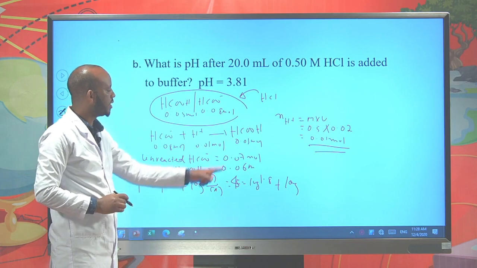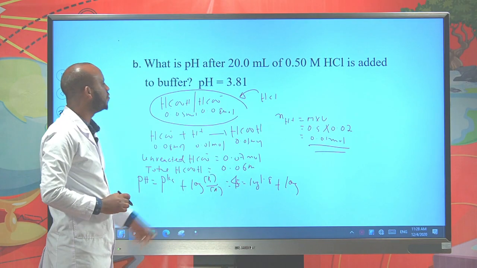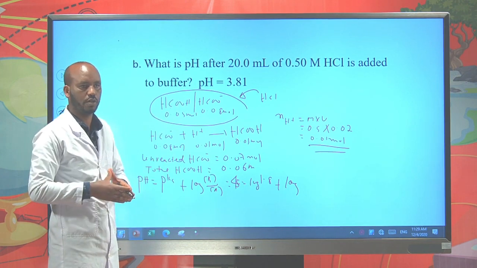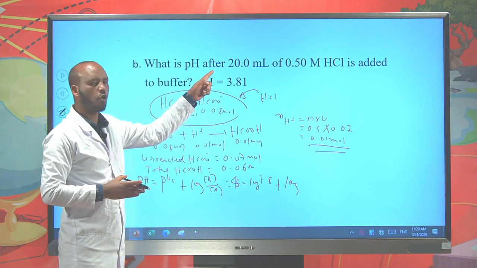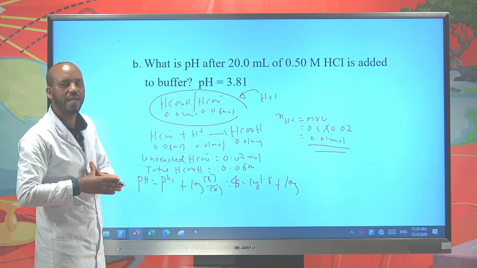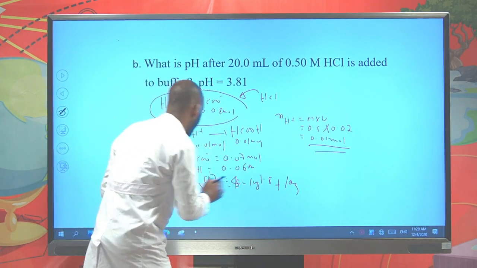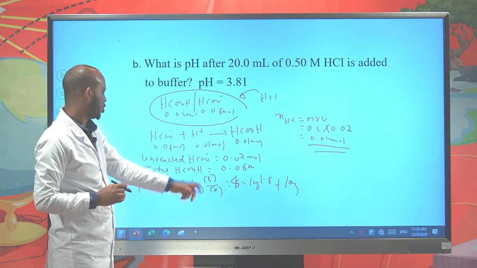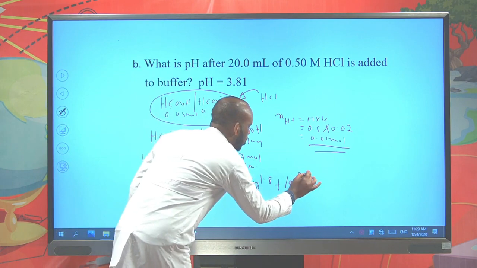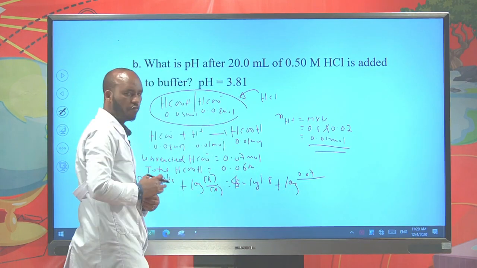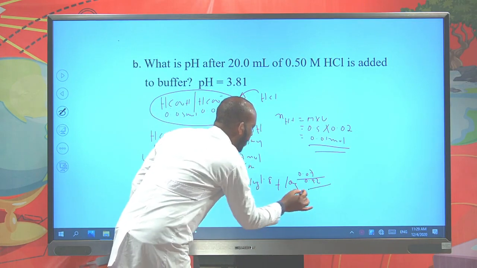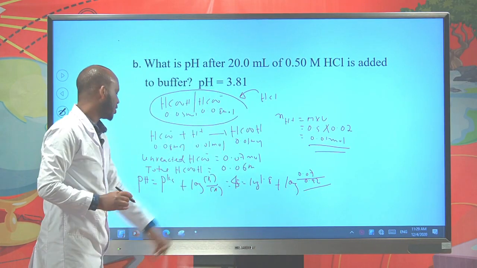Its concentration is 0.07 divided by the volume of the buffer solution. 500 plus 400 milliliters plus 20 milliliters is 920 milliliters. So the base concentration is 0.07 divided by the total volume, 0.92 liter, divided by the acid concentration.